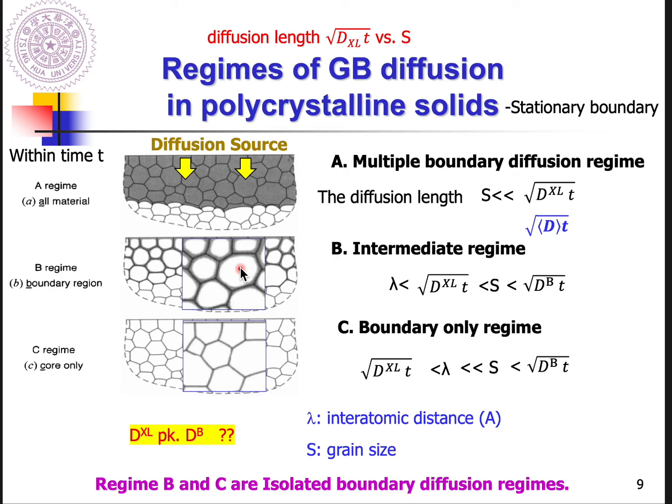So we call it the isolated boundary diffusion regime. Then you can use the limited source case we learned in lecture 3 to solve this equation. We will talk later about how to obtain the concentration of diffusing atoms in B and C.